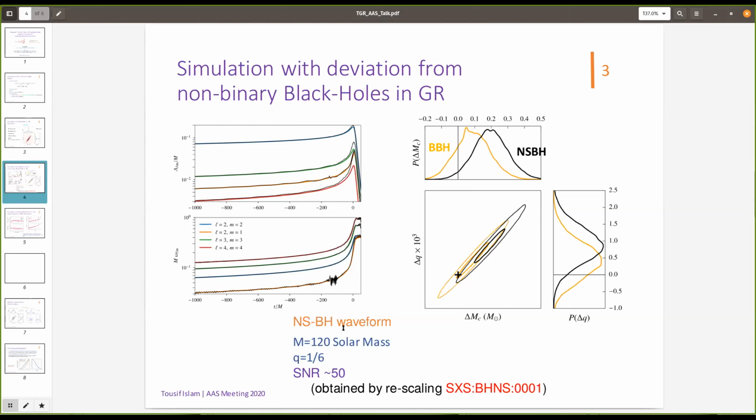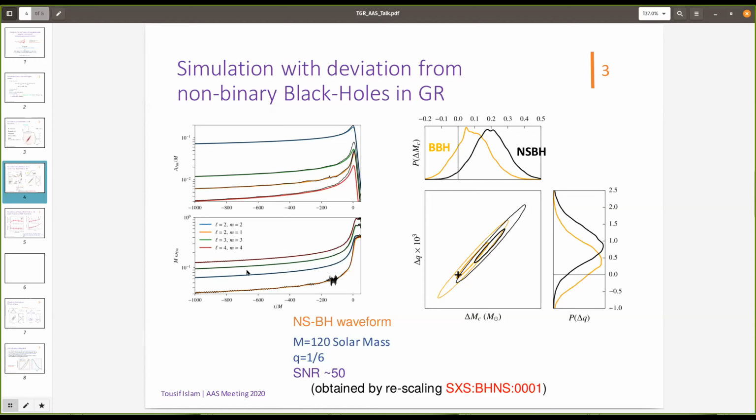Now this means that a total mass of 120 and Q 1/6 means the neutron star has a mass of 70 solar mass, but that is okay because here we are treating the rescaled NSBH waveform as a proxy of a signal that comes from non-binary black hole compact objects in general relativity. We are not treating it as a neutron star black hole. And the idea is to see whether, when you inject a non-binary black hole signal in GR, the test can differentiate that or not.